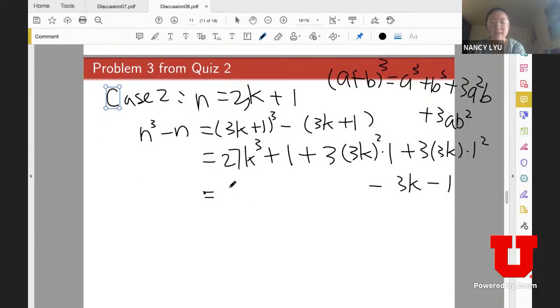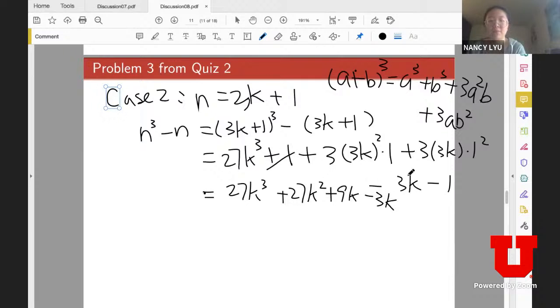Okay, and then we just do some algebra here. What we'll get is 27k cubed plus 27k squared plus 9k minus 3k.